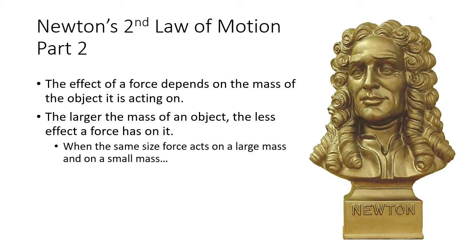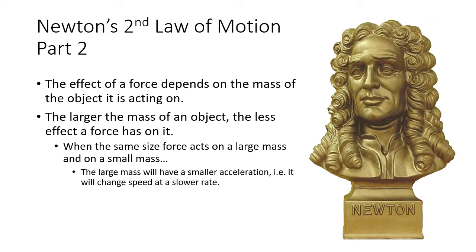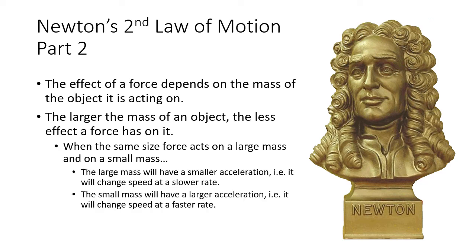So if you apply the same size force to a large mass and a small mass, the large mass will have a smaller acceleration. It won't change speed at the same rate. It will change speed at a fairly slow rate. The small mass will have a much larger acceleration. It will change speed at a faster rate. The larger the mass of the object, the less effect the force has.